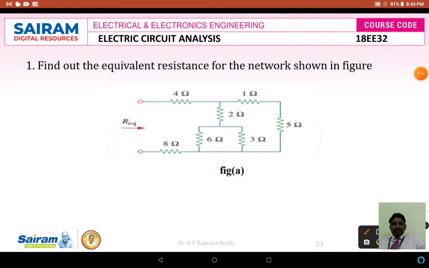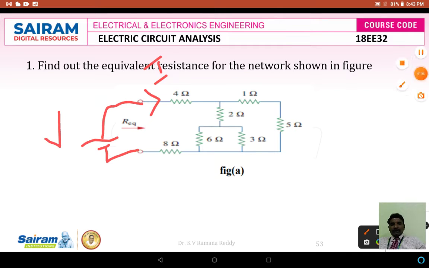So I am going to imagine there is a voltage source across these two terminals. Now this voltage source drives a current called I into the circuit.